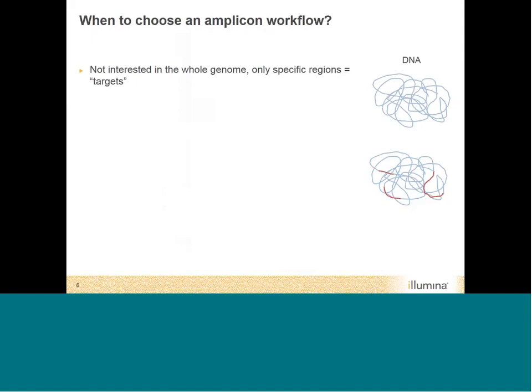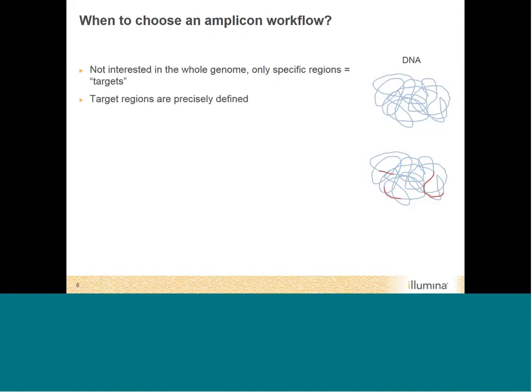So here in this cartoon, you can either take your whole DNA that you put into your library prep, make all of this into a sequencing library, or you can decide to zoom in on specific regions, such as shown here in red. That will be the case for an Amplicon workflow where we are not wanting to look at everything, just specific regions, and we need to find a way to only highlight those in our library prep.